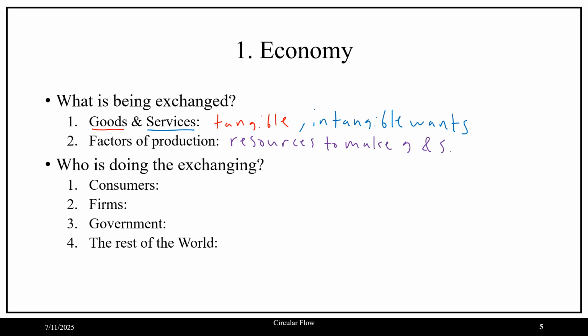All right. Well, in terms of these goods and services and factors of production, who's exchanging them? This is going to be between different agents or decision makers in the economy, in which we'll have 4 that we consider. The first one that we have here are consumers. They're going to be you and I, who buy goods and sell our time, and I will also refer to consumers from time to time as households.